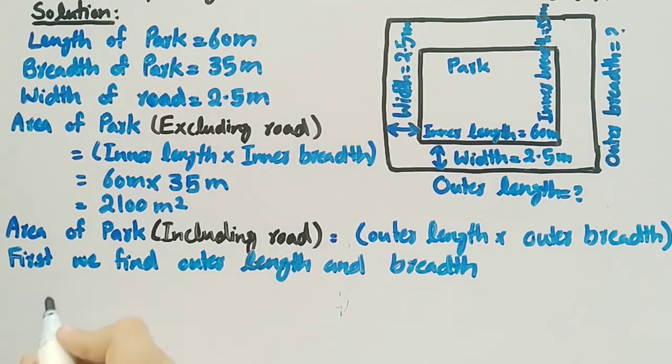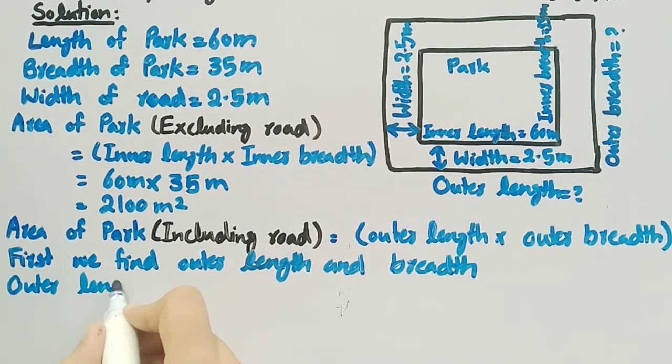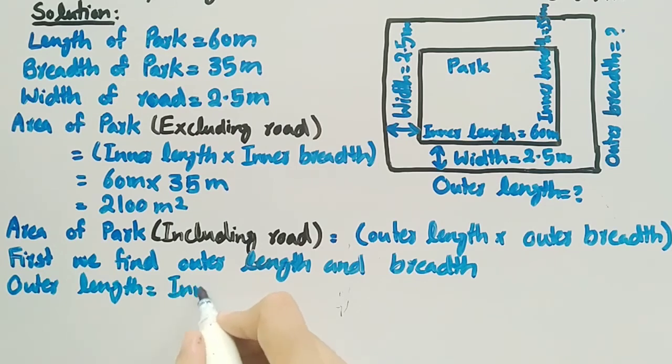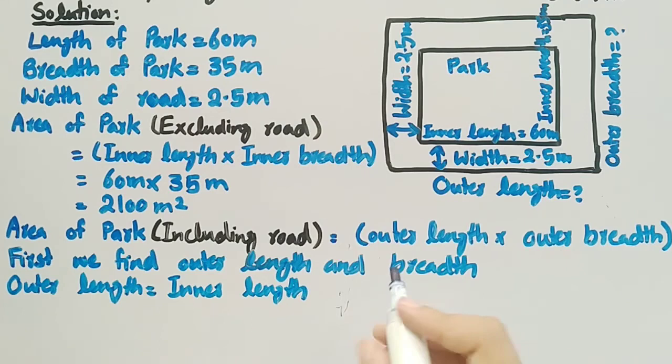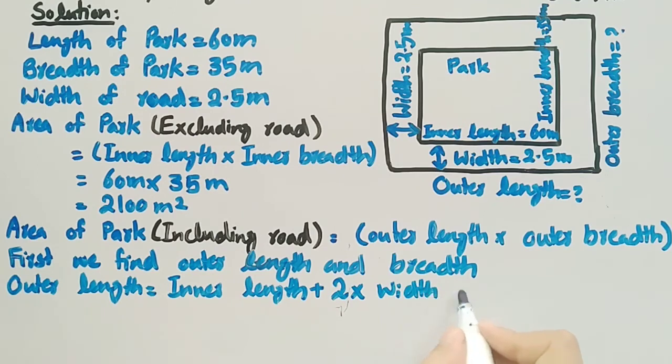The formula for outer length is equal to inner length plus 2 multiplied by width of road. Now we will substitute the values.